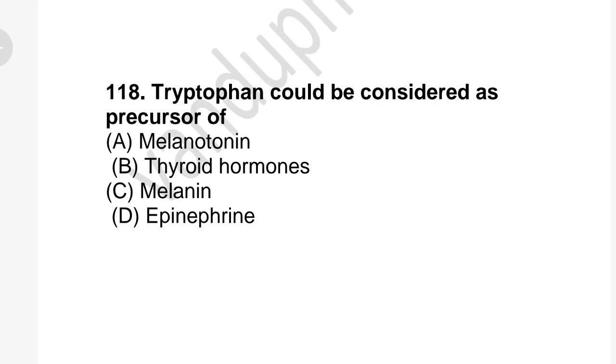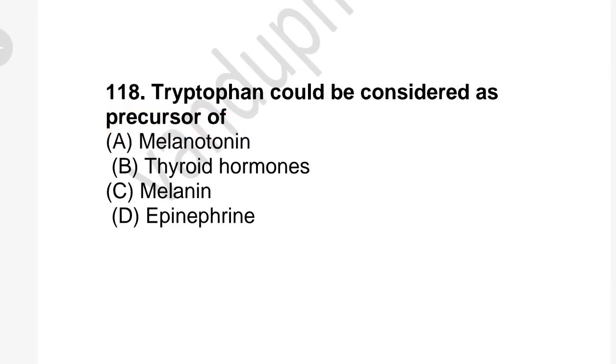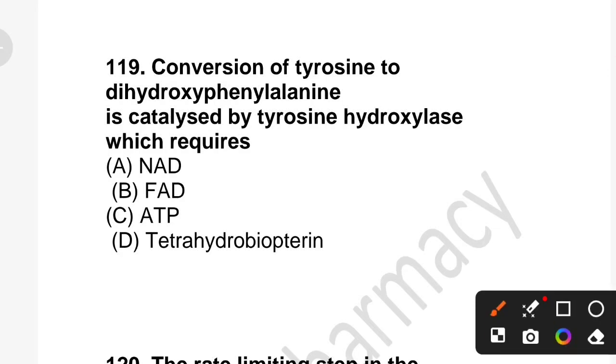Right answer is option A. Conversion of tyrosine to dihydroxyphenylalanine is catalyzed by tyrosine hydroxylase, which requires option A NAD, option B FAD, option C ATP, option D tetrahydrobiopterin. Right answer is option D.